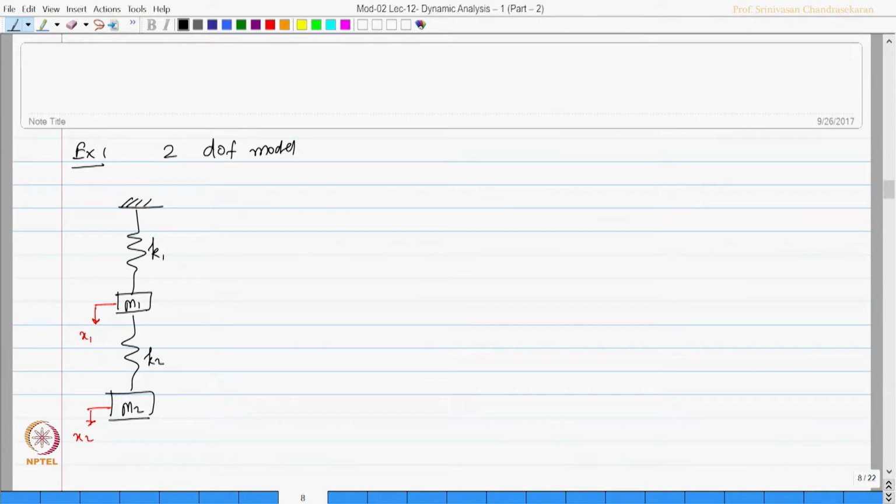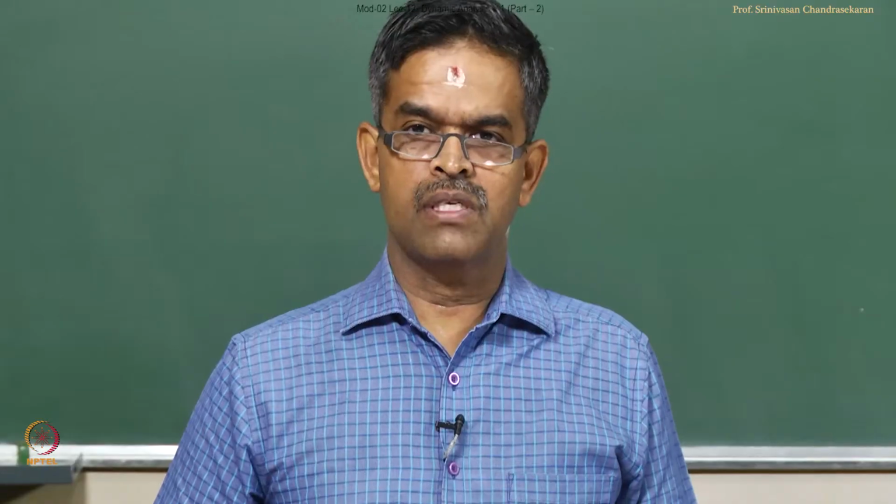So, I want first to draw the free body diagram to write the equations of motion. So, listen carefully, how do we draw the free body diagram and then derive the equations of motion using Newton's method. There are 5 methods based on which you can derive equations of motion: simple harmonic method, Newton's method, energy method, Rayleigh method, and using D'Alembert's principle.